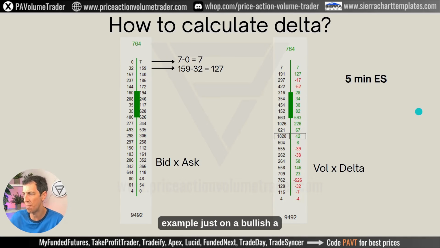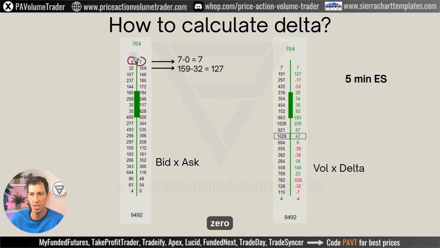And this is an example just on a bullish, a green candle, bid by ask. So we have 7 buys executed, 0 sells at the top. So 7 minus 0, 7 positive delta here.